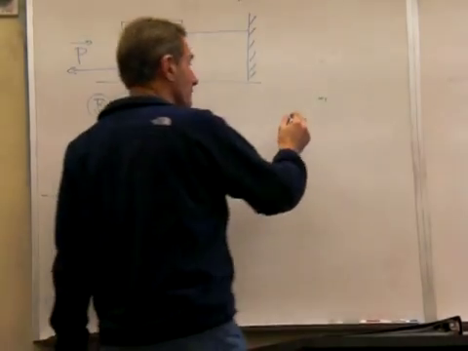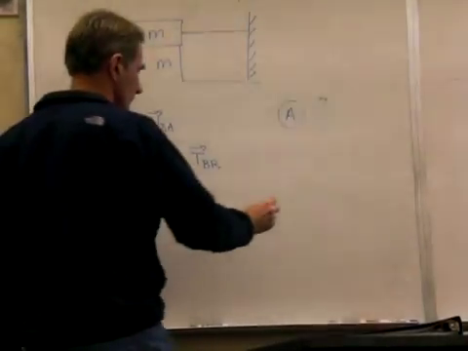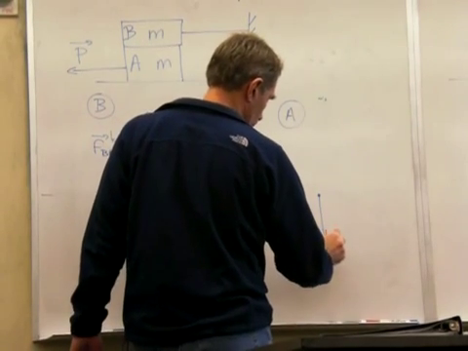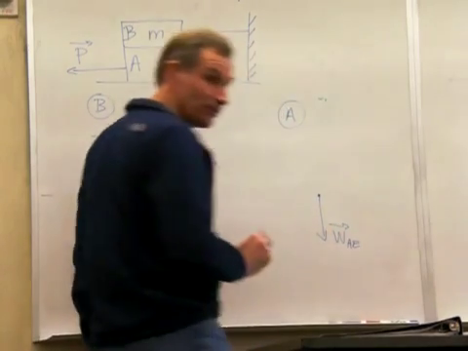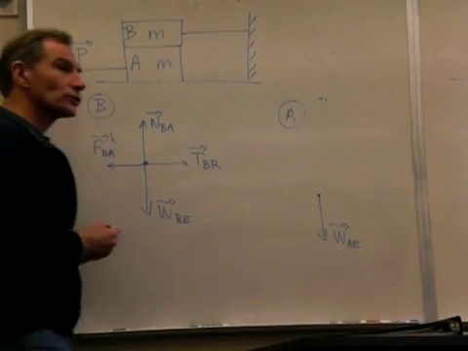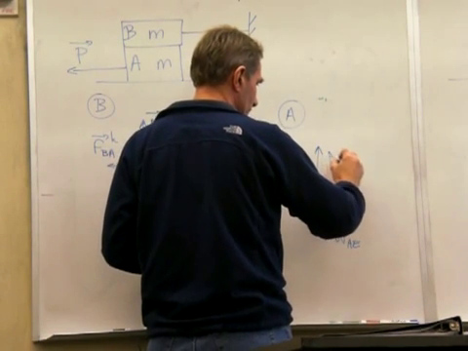Now let's do A. You have two normal forces acting on it. So I'm going to do the weight. I'm doing the easy part. So what do you have acting on A? Normal force by B and normal force by the ground. The normal force by the ground is up.